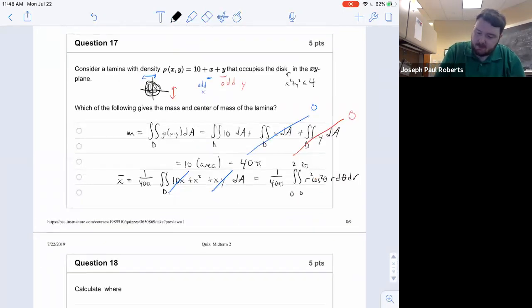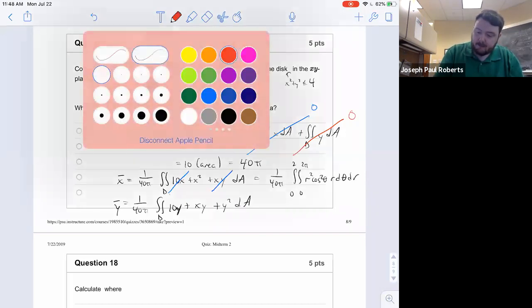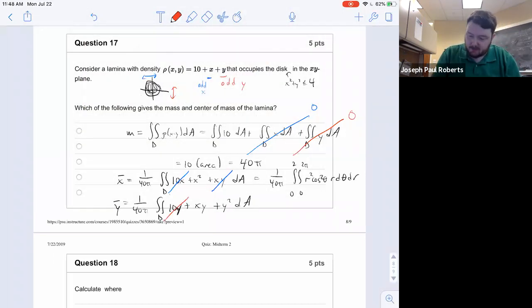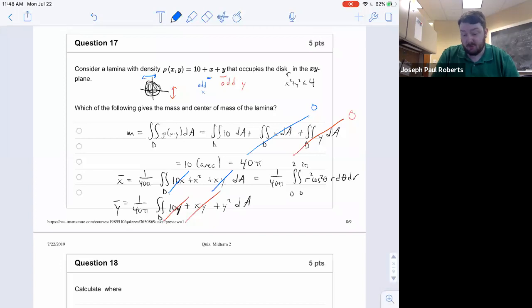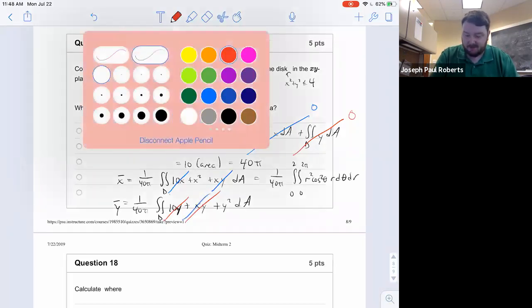And same thing, y bar is 1 over the mass times the same integral, but with an additional factor of y. Well, 10y is odd with respect to y. xy, you could use x or y. Again, it's not important. If there's two reasons that something is 0, it's still 0, right?